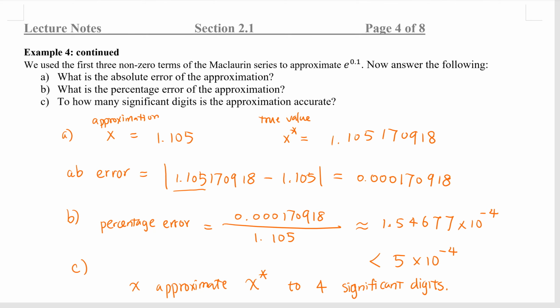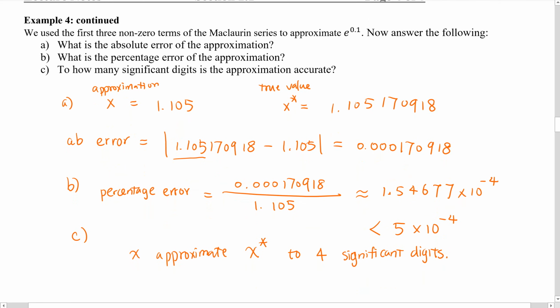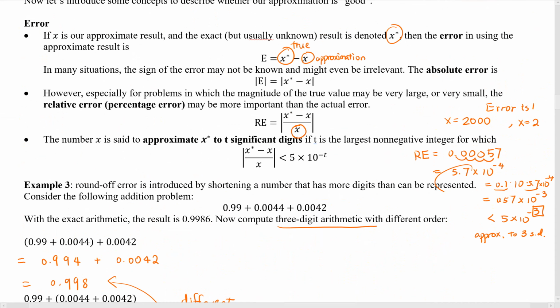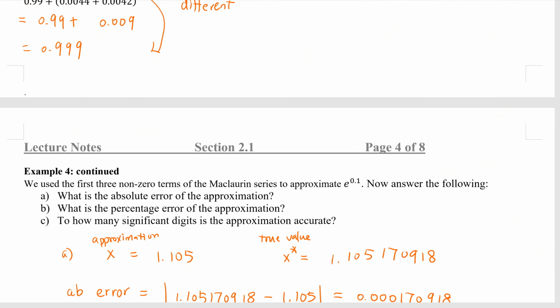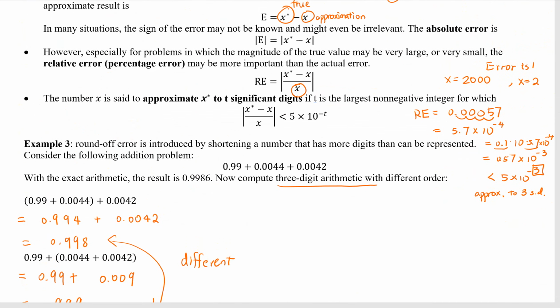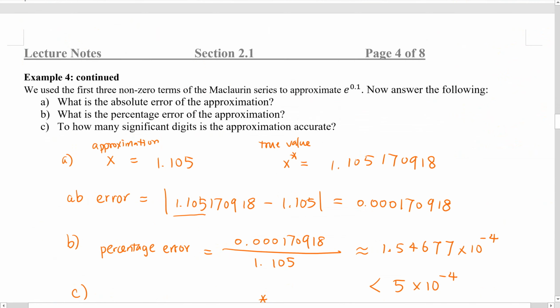So far, so good, everybody? Yeah, because here it is 1.5, which is already less than 5. So we don't need to shift the 10 there, like our previous example. Just be careful. Like in this case, if this is 5.7, bigger than 5, then you have to shift 1 digit. So far, so good, everybody?